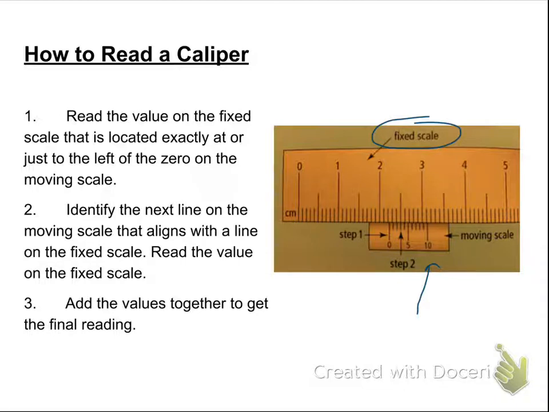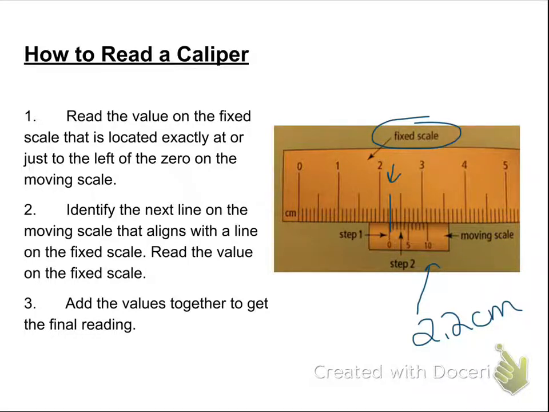So what we want to do is look at where this zero here is hitting. In this case, it is between 2.2 and 2.3 centimeters. So it's not quite at the 2.3, so that means it's 2.2. So we're going to write that down: 2.2 centimeters. That is what we learn from this fixed scale at the top.